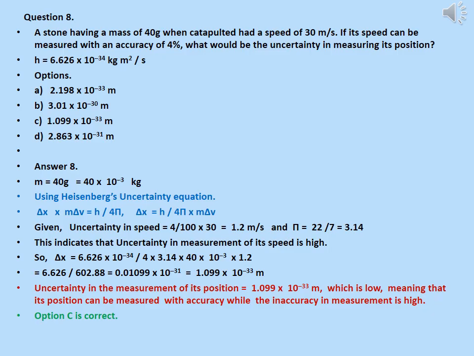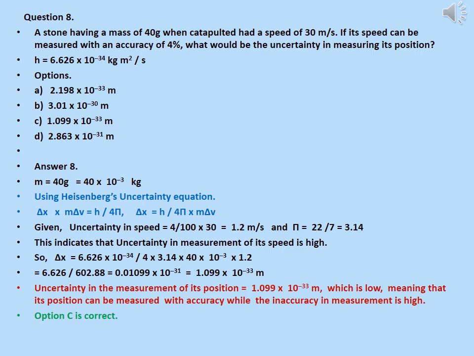The mass of the stone which is catapulted is 40 grams. That needs to be converted to kilograms. So 40 divided by 1000, which is 40 × 10^-3 kilogram.